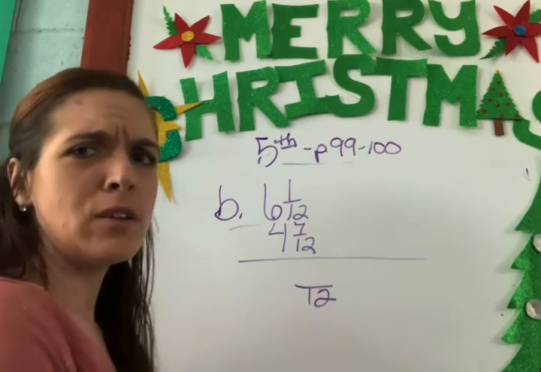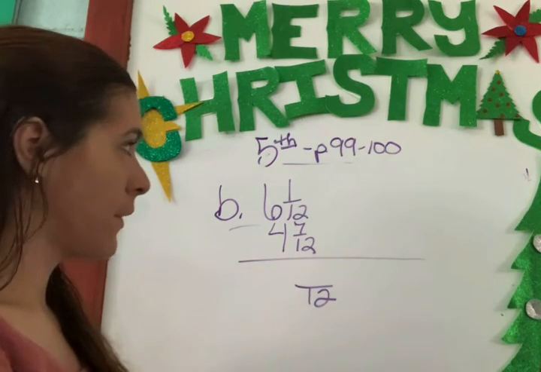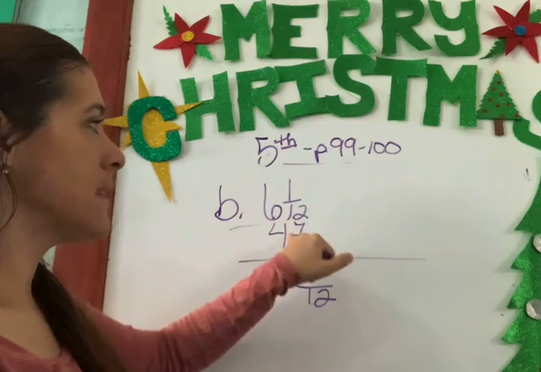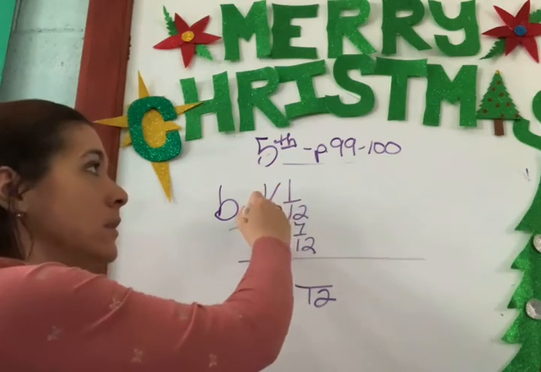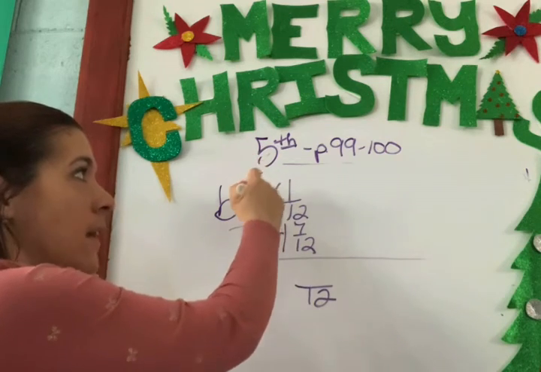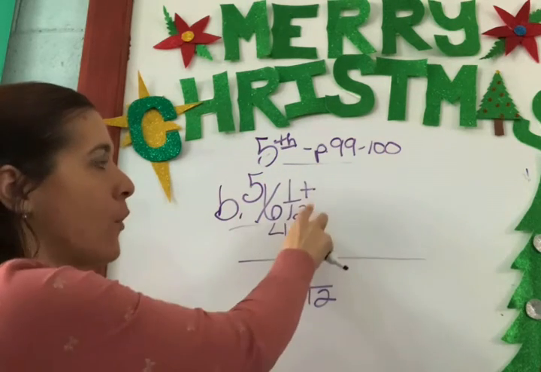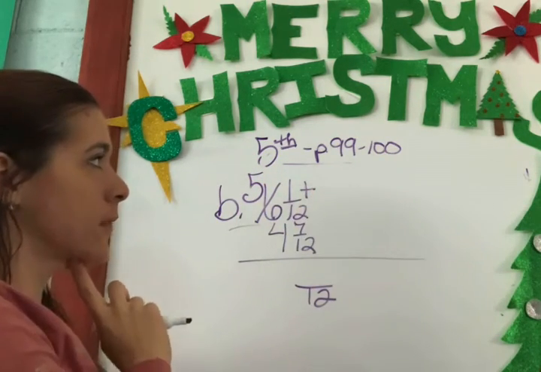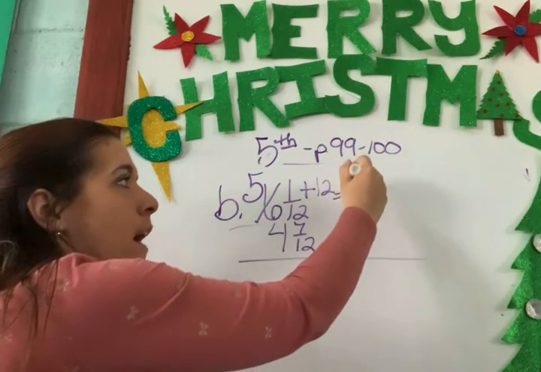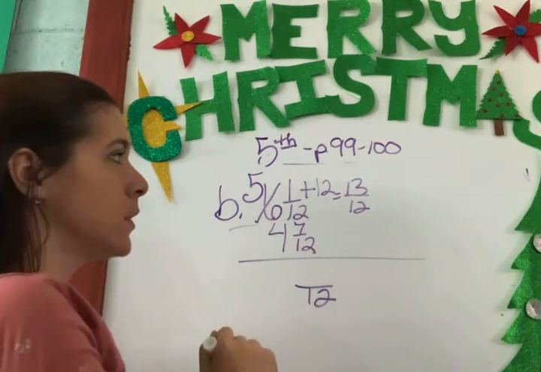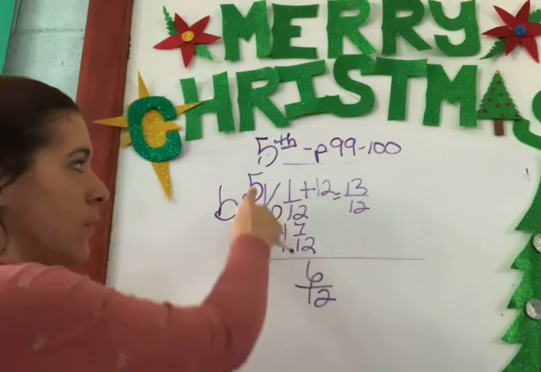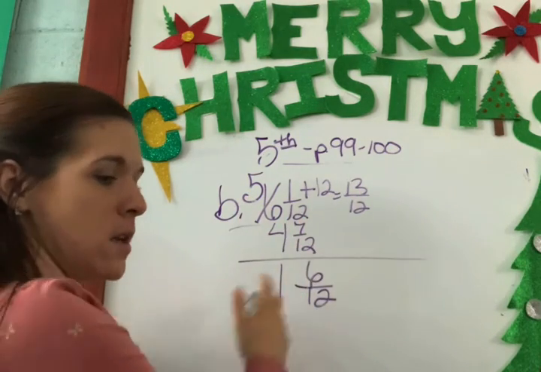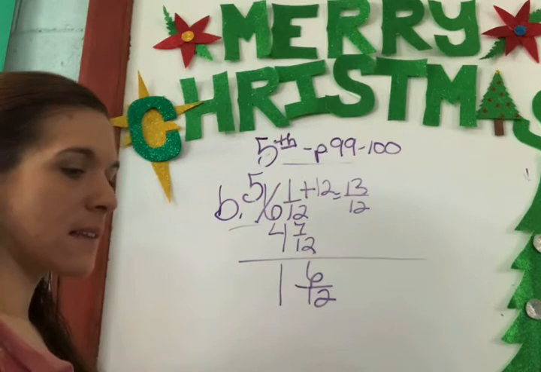And you guys did a phenomenal job on this the other day. But we look at it, and 1 minus 7 you cannot do. So what do you have to do? Cross this out, take 1 away, makes it a 5. And what do you add over here, Oscar? 12. So your new fraction is 13 over 12. Okay? 13 minus 7 is 6. And 5 minus 4 is 1. So your answer is 1 and 6/12.